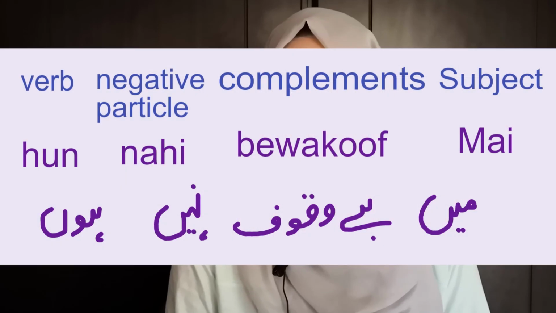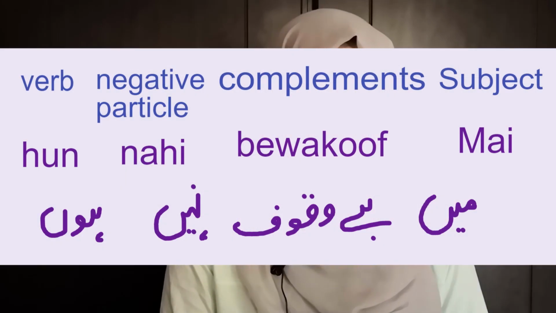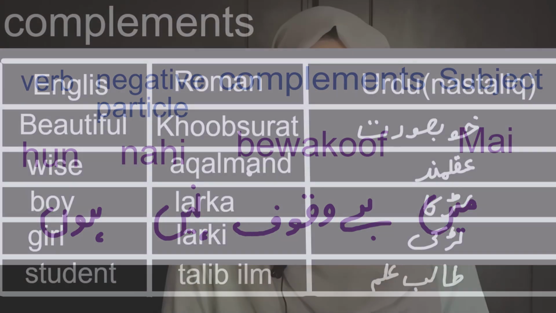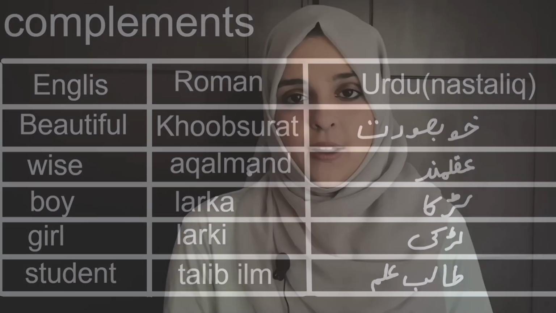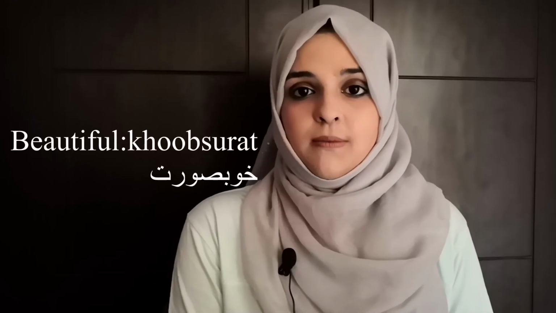Let's say you want to say I'm not stupid. How are you going to say that? You're going to say मैं बेवकूफ़ नहीं हूँ. And as you can see on the screen, there are many adjectives and nouns, and let's insert them one by one in a sentence. मैं खूबसूरत हूँ.